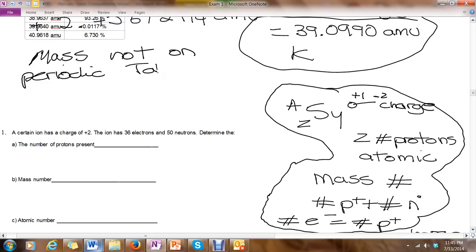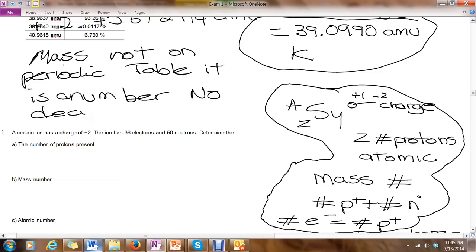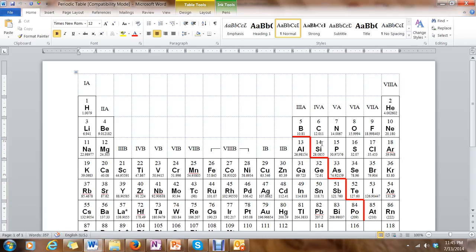It is a number without decimal. No decimal. The reason is that students very often confuse the mass number with the average mass from the periodic table. And this is basically, yes, the mass, but it's the average of several mass numbers.